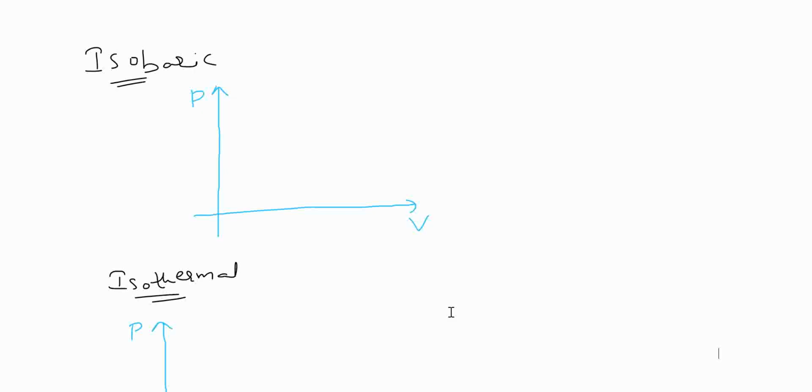So we have a state A, and this is how we reach. It happens at a constant pressure. So the pressure remains the same throughout the process, and it is called an isobaric process.